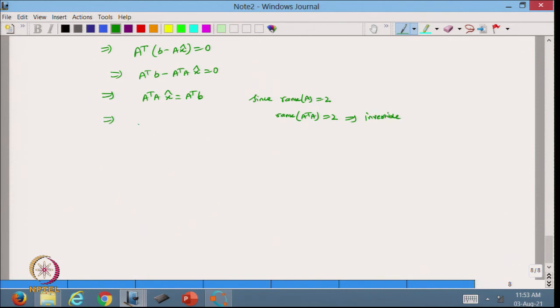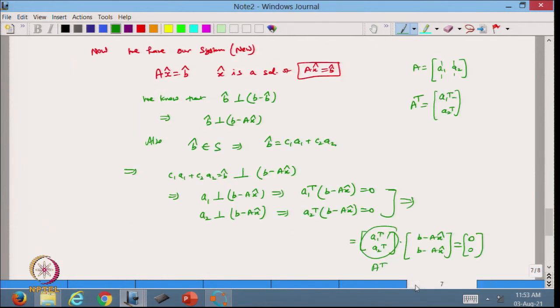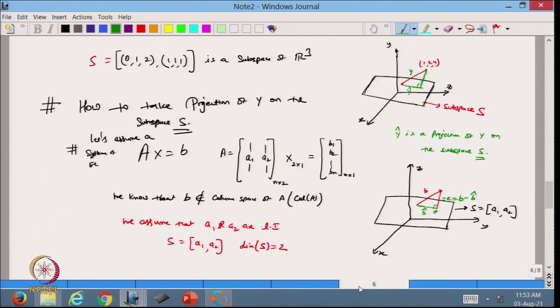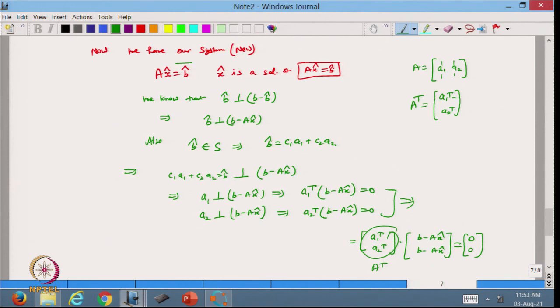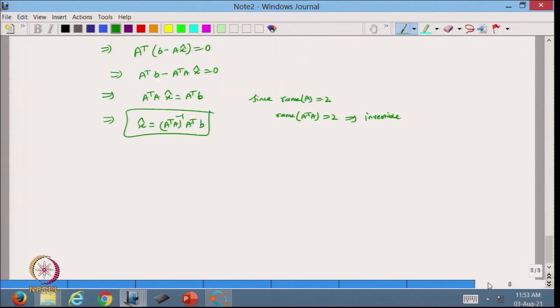So from here I can write that my x hat will be (A transpose A) inverse A transpose b. That will be my approximate solution for the given system. So using this I am able to find x hat.